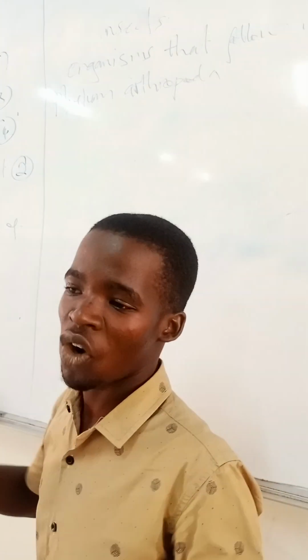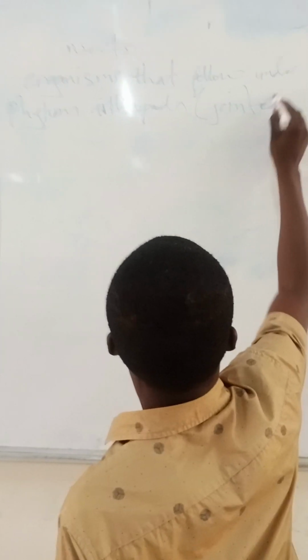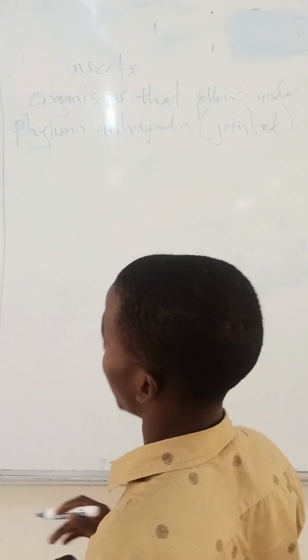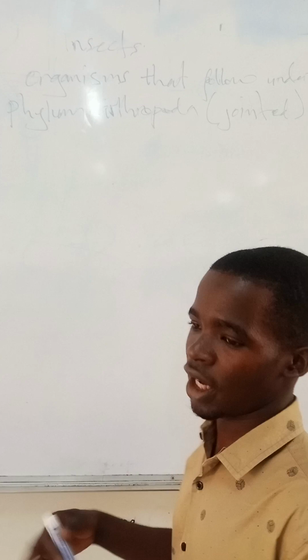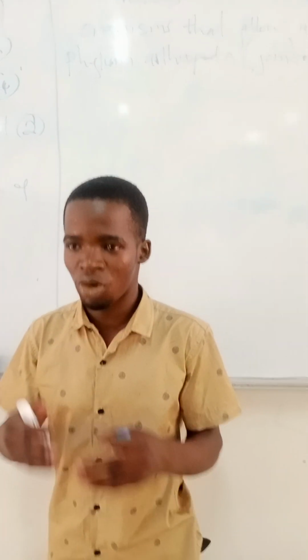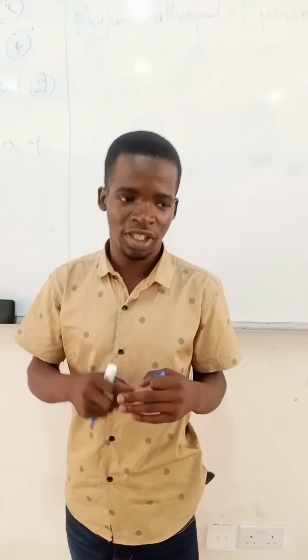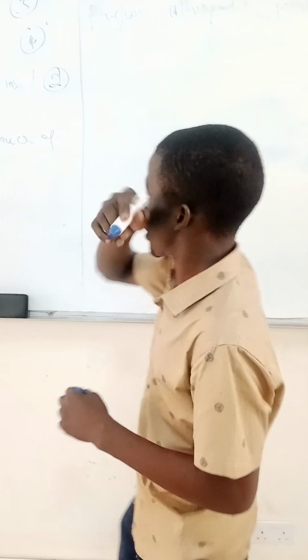Why arthropods? Because they have jointed appendages and other characteristics. We will appreciate this in our tutorial, where we shall see the different jointed appendages that are associated with our insects.